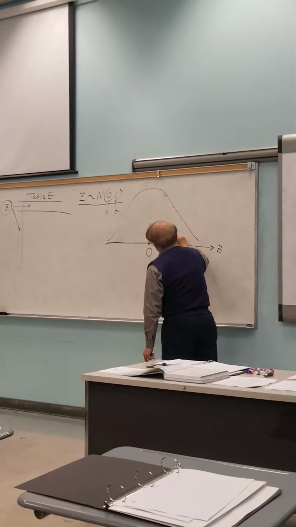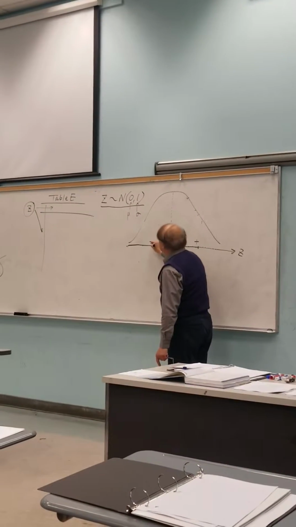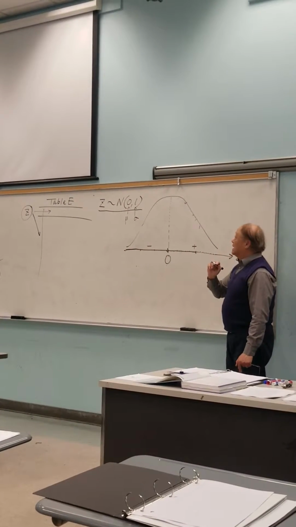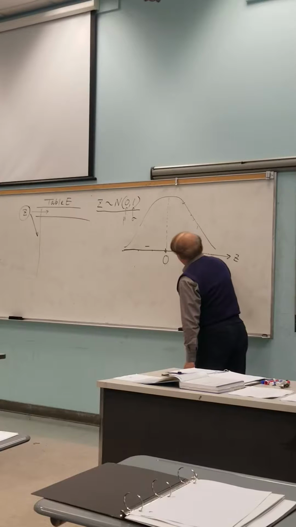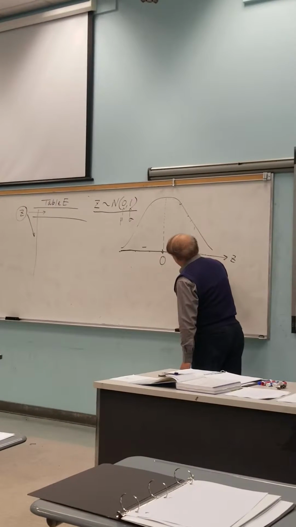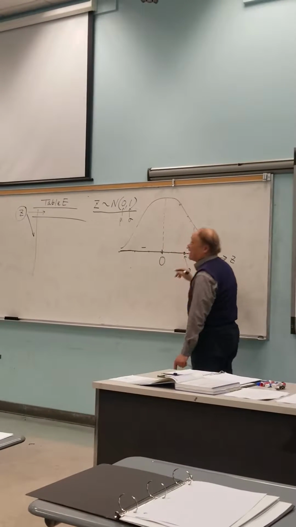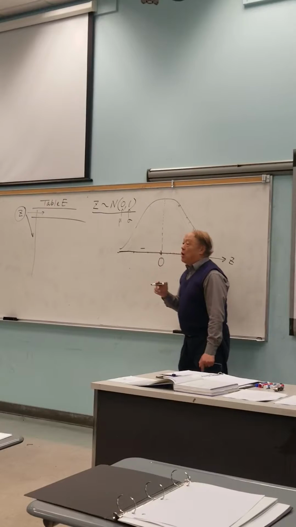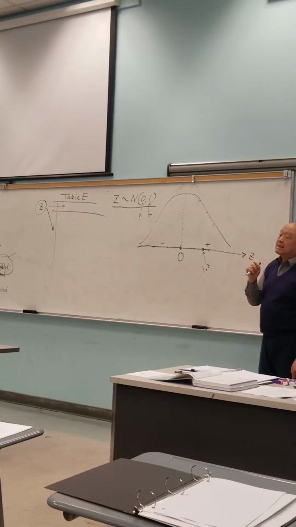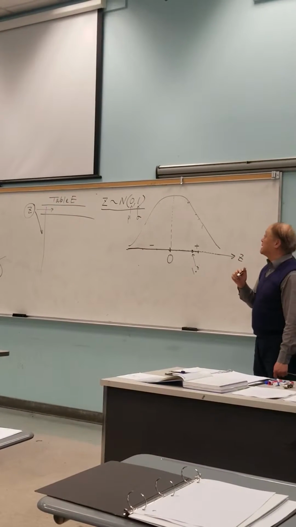The positive Z-scores are on this side. The negative Z-scores are on this side. The center is 0. In the table, all the Z-scores are rounded off to 2 decimal places.